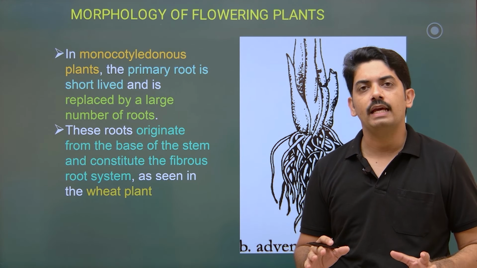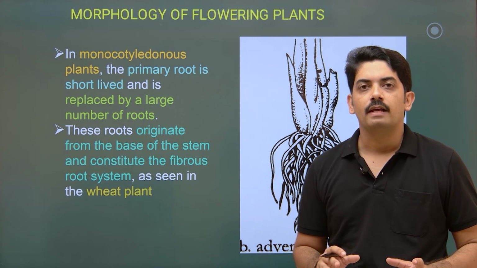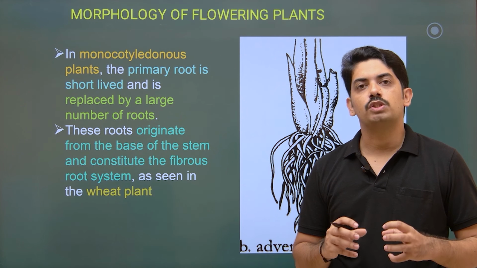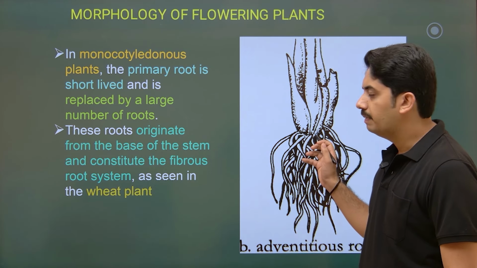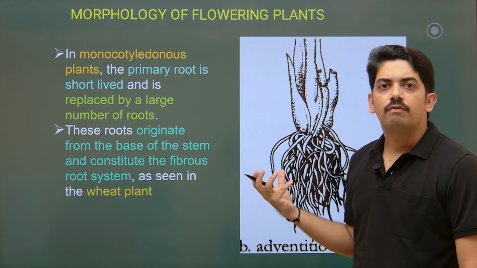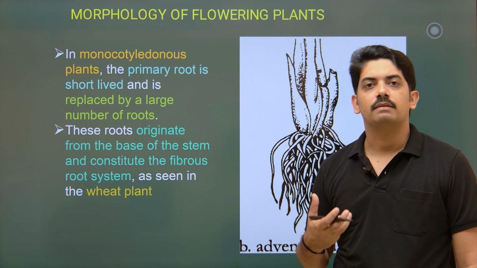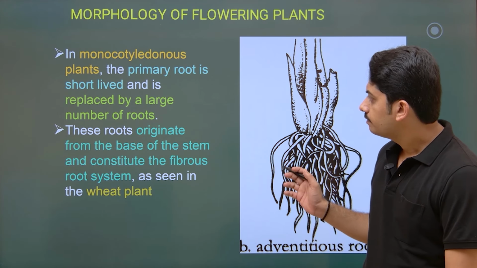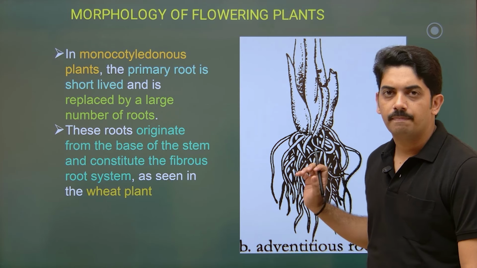Only up to some time you observe this true root system, and soon after it dies, and the roots originate from the lower region of the plant body. That is nothing but it is originating from the stem. Very commonly observed in grass like wheat, paddy, and all other cereals. Okay, so this is about the fibrous root system.